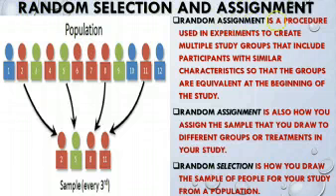Random assignment is a procedure used in experiments to create multiple study groups that include participants with similar characteristics so that the groups are equivalent or equal at the beginning of the study. Random assignment is also how you assign the sample that you draw to different groups or treatments in your study. Random selection is how you draw the sample of people for a study from a population.